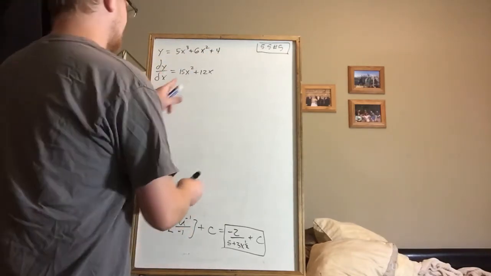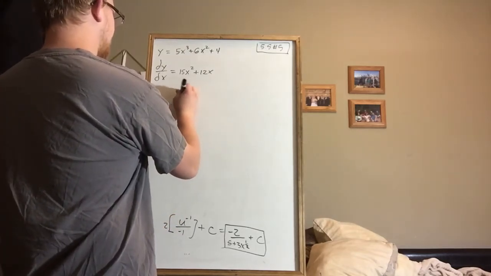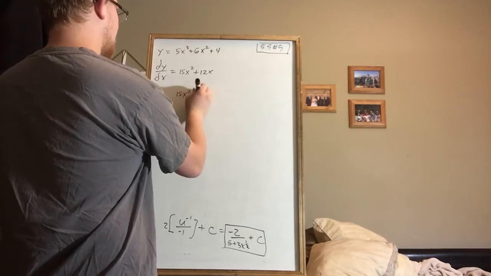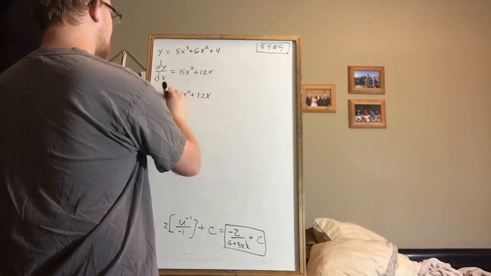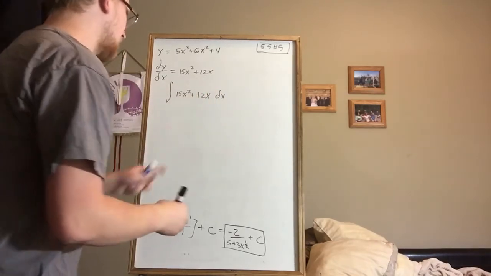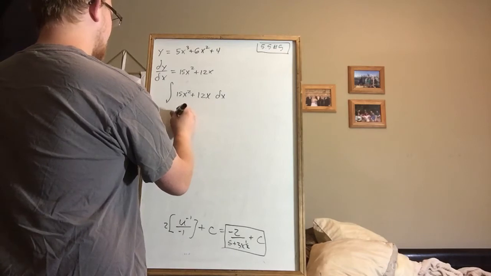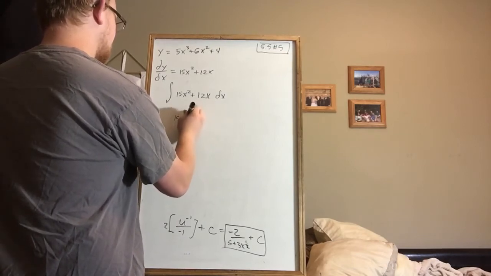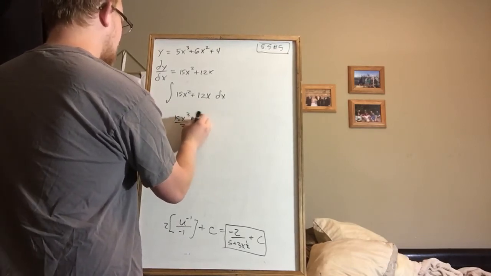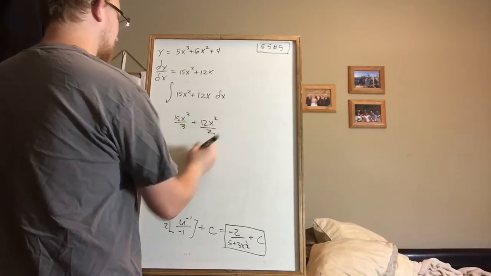Now if I take the antiderivative of 15x squared plus 12x, let's do an indefinite integral. Using the power rule, I'll end up with 15x to the 3 over 3 plus 12x to the 2 over 2.